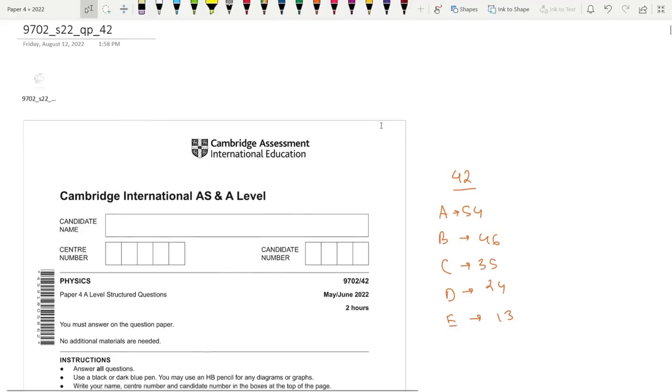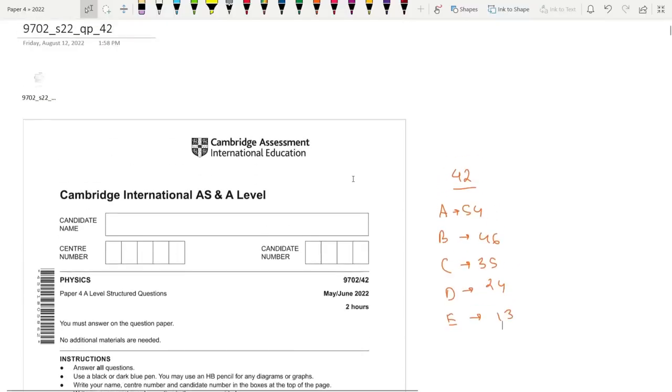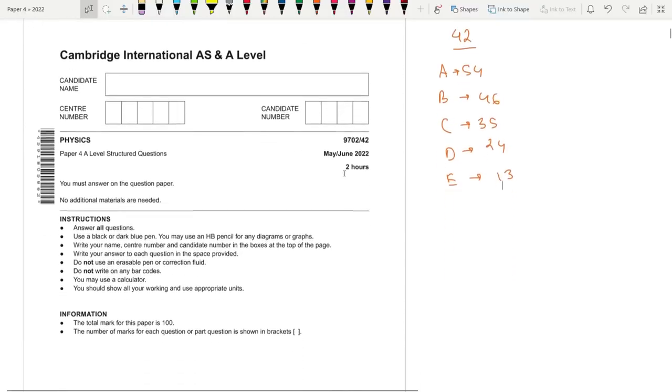Okay, let's begin. So A star, where would A star be at? It's probably around 70-ish, around 70. Or even less, I'm not sure.